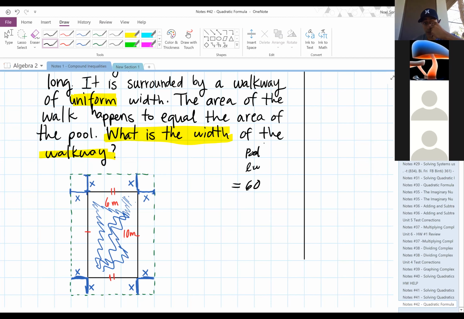Because I know that the area of the walkway is going to be represented by just the outer edge, this outer piece. Let me color this in gray. So all of this gray area, this is my concrete.